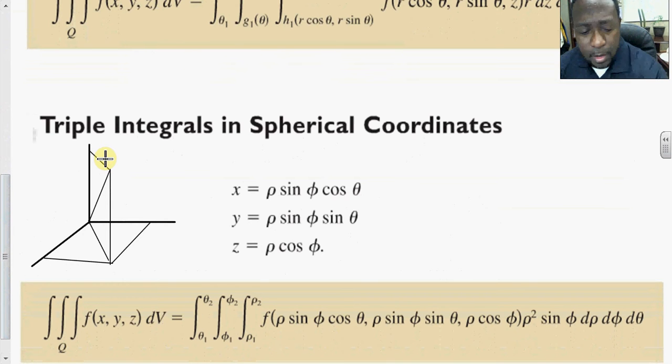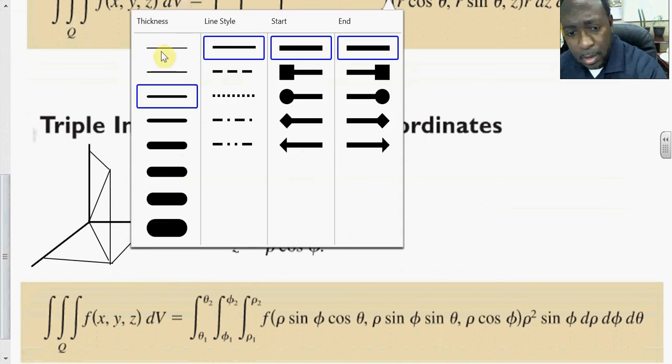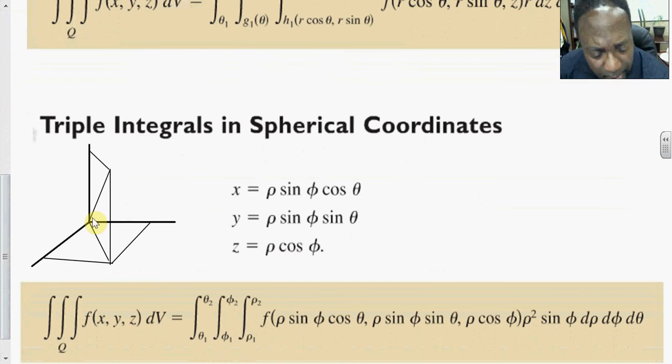I think this is better. Yay! I used to like blue, but the black is looking better.